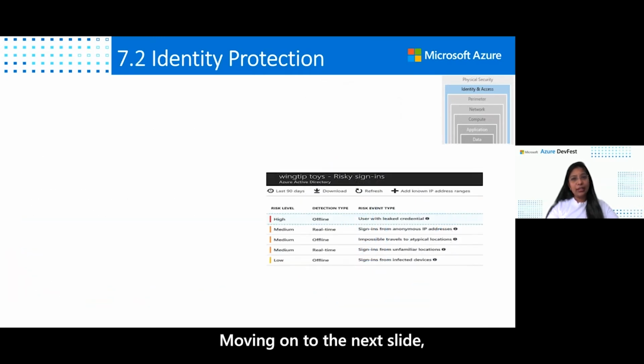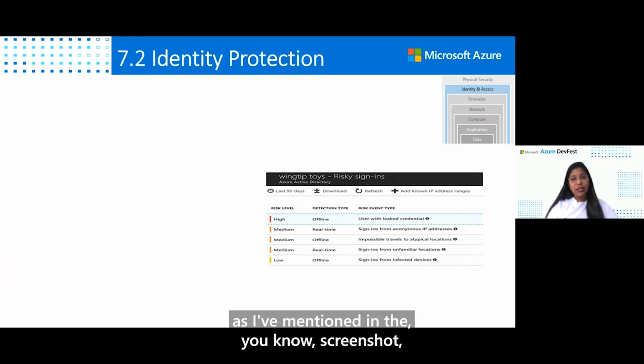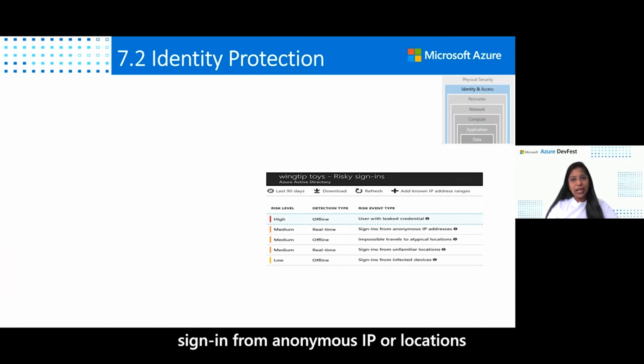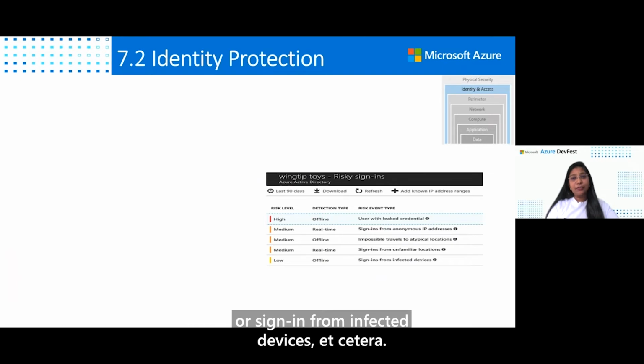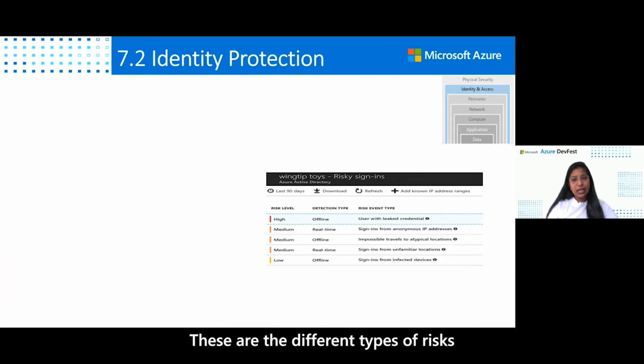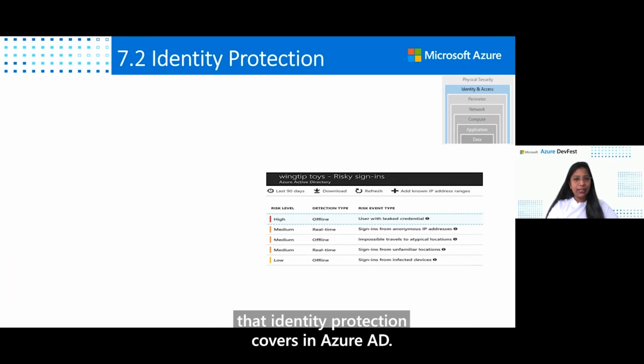Moving on to the next slide, which is identity protection. Let's try to understand what identity protection means and what types of risks it covers. As I have mentioned in the screenshot, you can see there are different types of risks, which are leaked credentials, sign-in from anonymous IPs or locations, or sign-in from infected devices, etc. These are the different types of risks that identity protection covers in Azure AD.